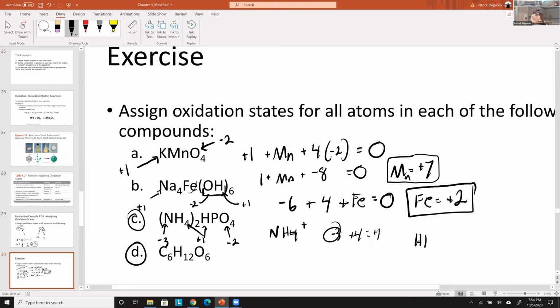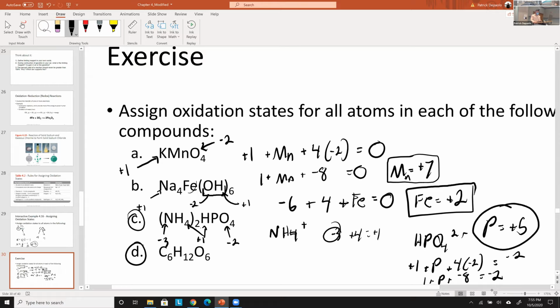So hydrogen phosphate, HPO4 2-, and you can break it down by oxidation state here. So +1 for the hydrogen, plus P for the phosphorus, because we don't know, plus 4 times -2 for the oxygen. So you have -8 plus phosphorus plus 1 equals -2. So phosphorus in this case is +5.